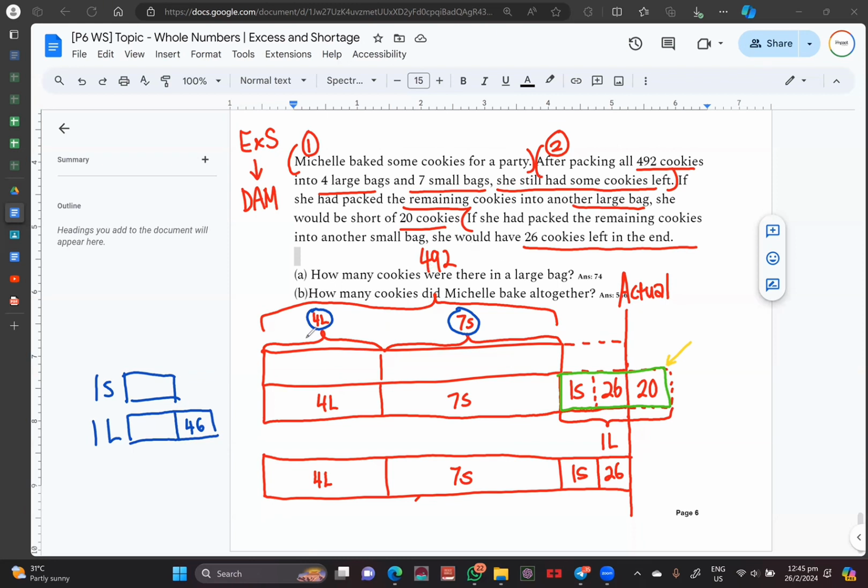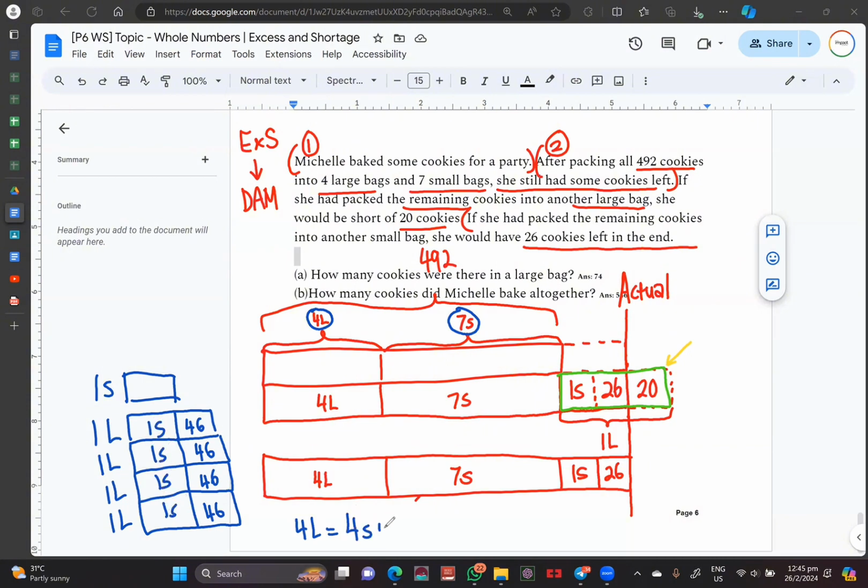Since I want to find 4 large, 4 large is basically like that: 1 large, 2 large, 3, 4. This is 4 large. And we can see that 4 large is actually equal to how many small? 1, 2, 3, 4. 4 small. 4 small plus 46 times 4.